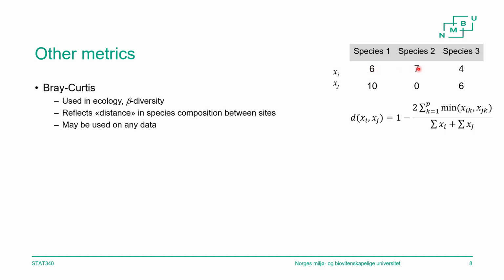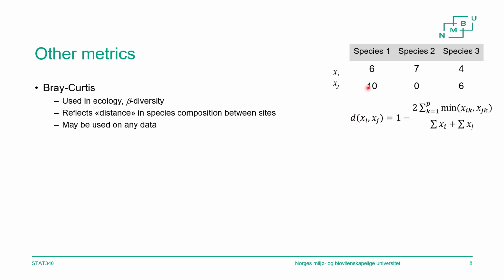And then you go to the second column. What is the minimum? 0. So you have 6 plus 0. Then you go to the third column. What's the minimum? 4. So you have 6 plus 0 plus 4, which is 10. So this is 10, and then you multiply this with 2. So then you would have 20 here, plus, 17 plus 16 is 33. 20 divided by 33, and then 1 minus this.